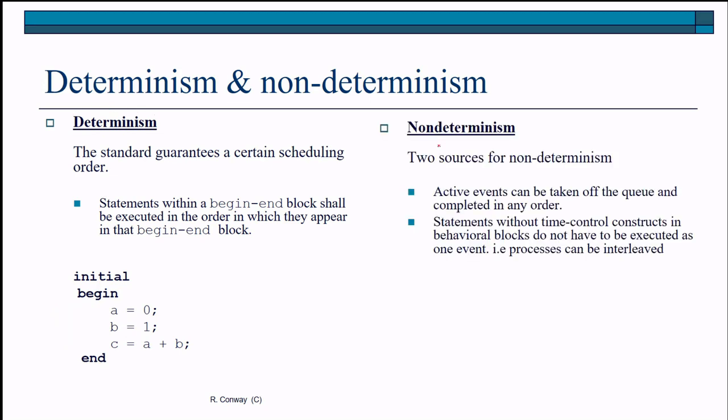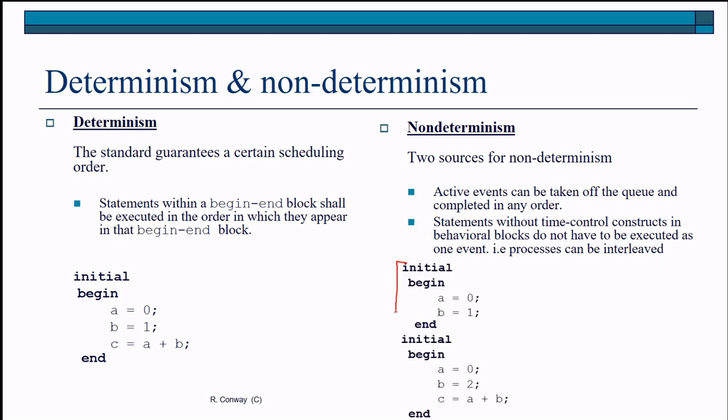There are two sources for non-determinism in Verilog. The first source is the order in which events are taken off the active event queue. And we've seen this, that the simulator has a choice as to which event to pick in the active event queue. The second form of non-determinism can be seen with the following example.